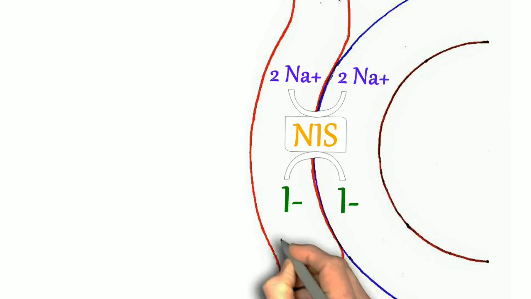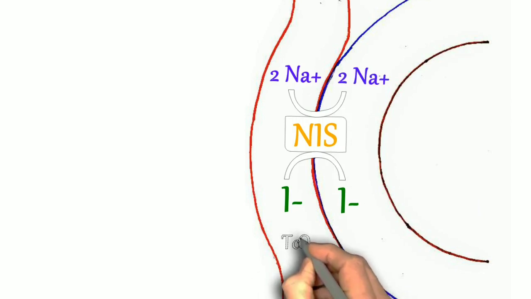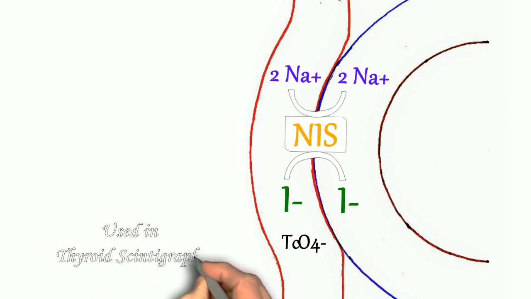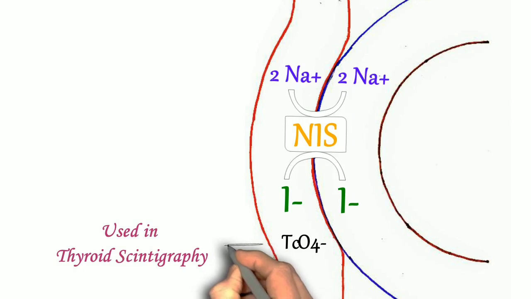Here the clinically relevant point is that the sodium iodine symporter also transports the TcO4- ion, which is used in thyroid scintigraphy, and by the same mechanism can block the thyroid iodide uptake.